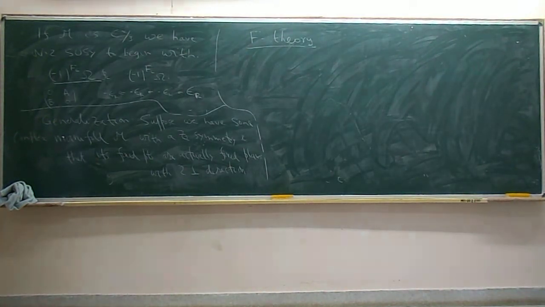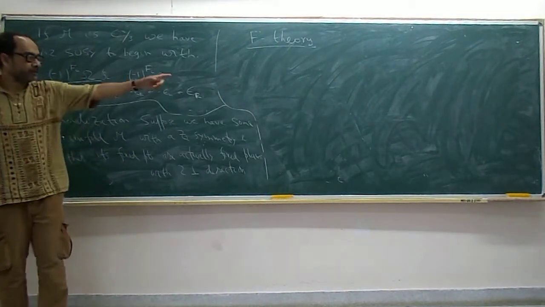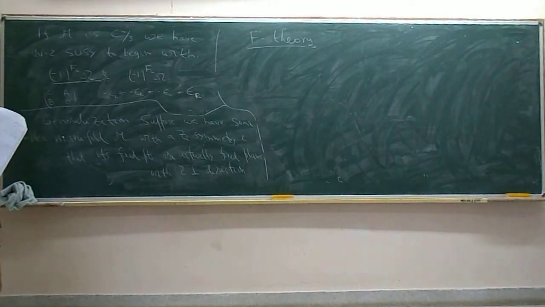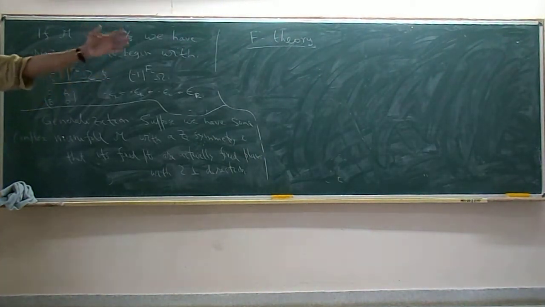For G tilde mn, as I said, the leading order solution has that form, and then if you take into account the weak coupling effects, it will have to be modified. But it is best to see in this new formulation, because the new formulation is equivalent to this orientifold, and in F theory the metric is easier to write down. So we write down the metric in the F theory formulation.